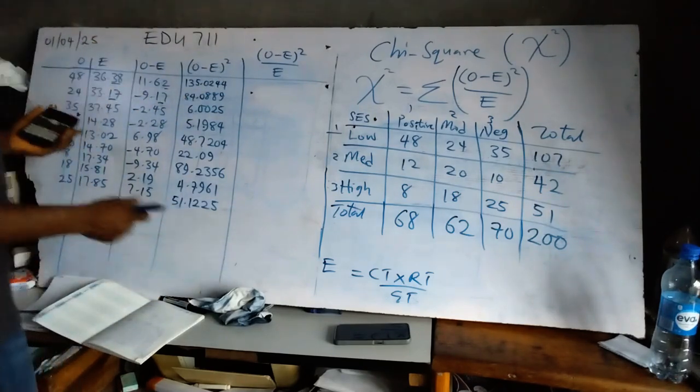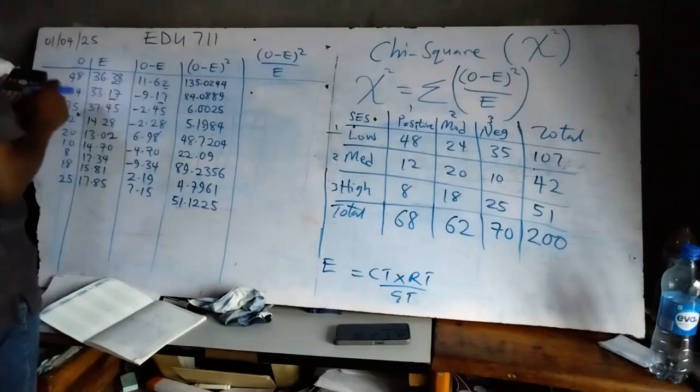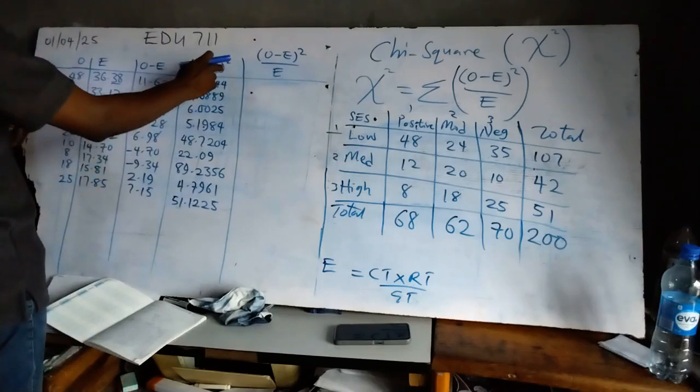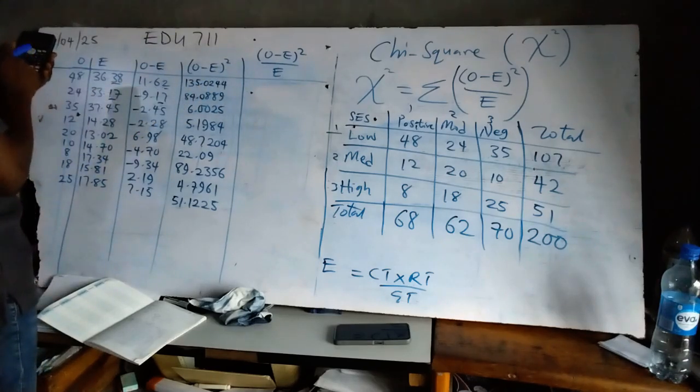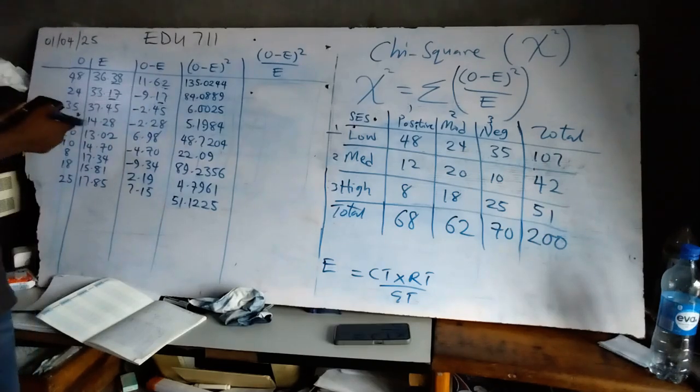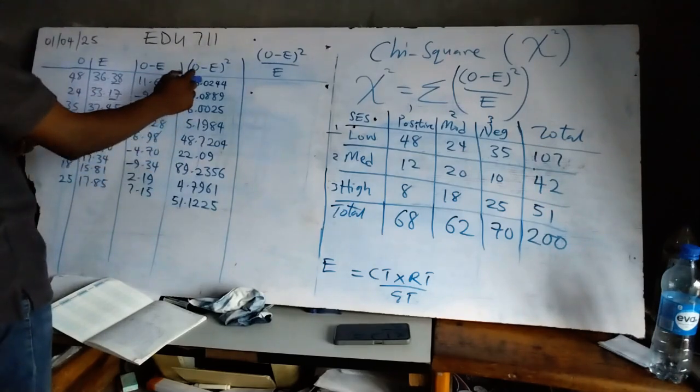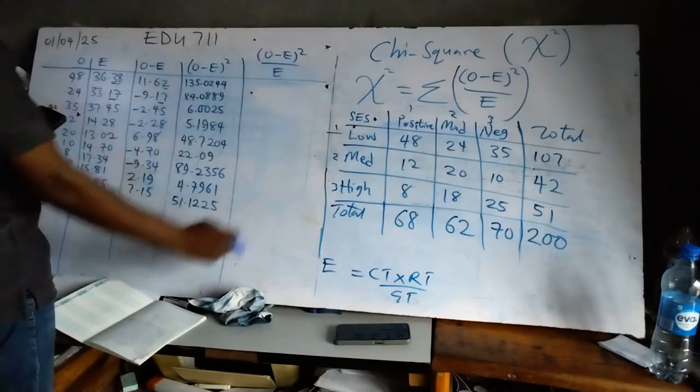So let's start. For the first one, we have O minus E squared. That's 135.0244. Another thing you can do to fast track your process is that while you are doing this, you can do this simultaneously.